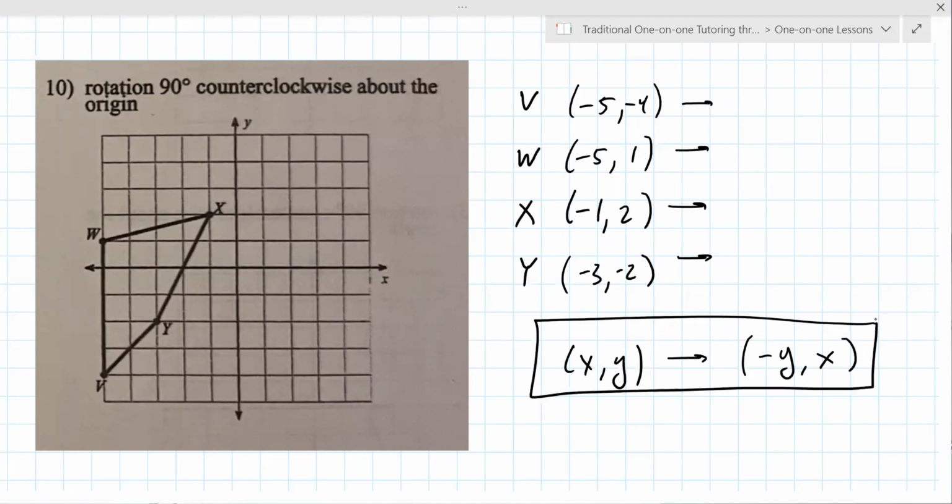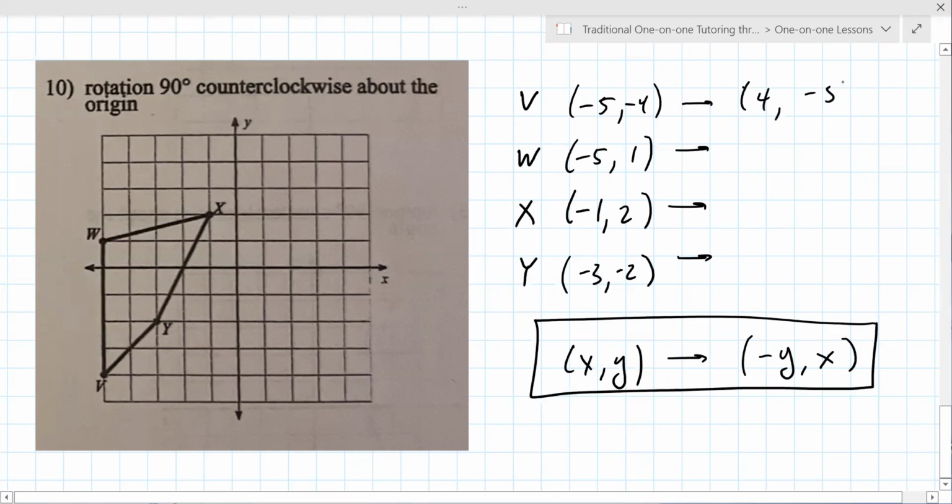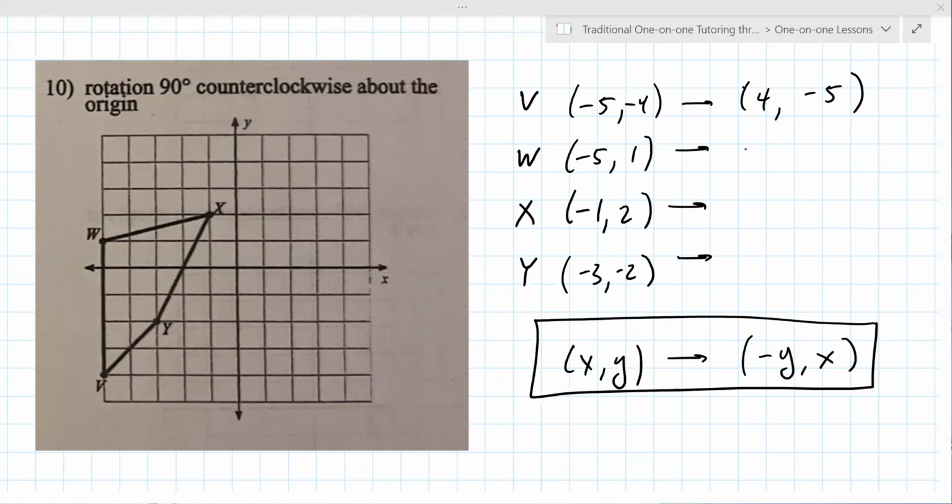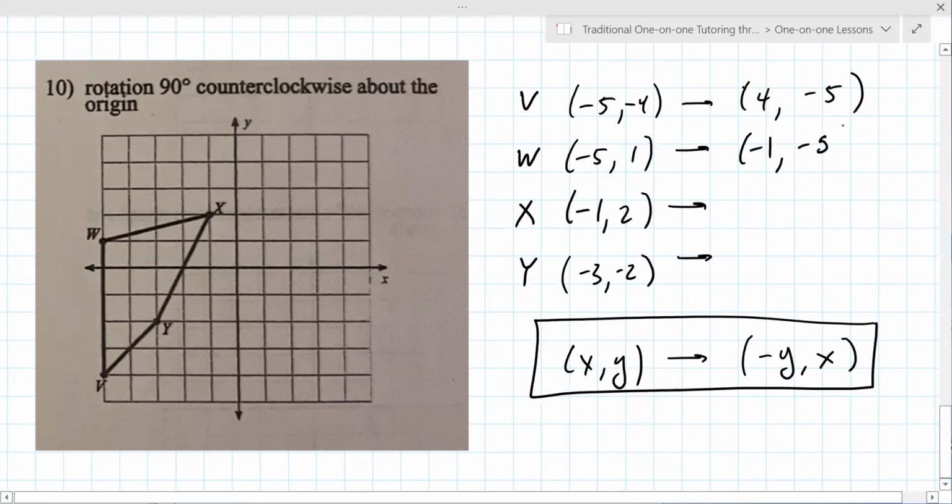The first one's 4, -5. Okay. Good. -1, -5. Okay, I agree. X is -1, 2. That's the original.